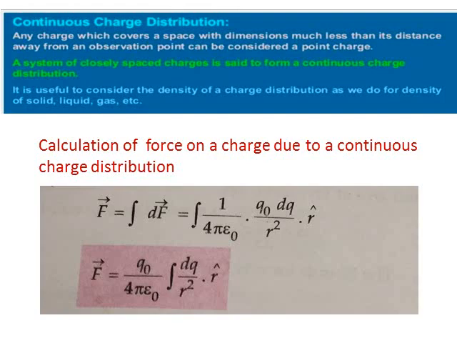Then by using the principle of superposition, the total force on charge Q0 will be the vector sum of the forces exerted by all such small charges, and mathematically is given by integration of dF equals integration of 1 by 4 pi epsilon naught Q0 dq upon r square into r cap. Now we will discuss how we can calculate the total force during different types of continuous charge distributions.